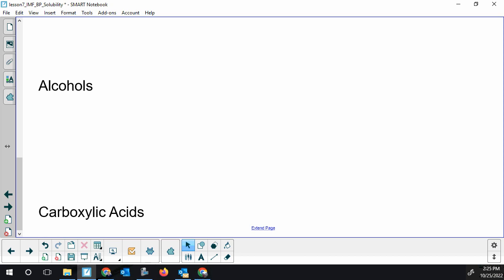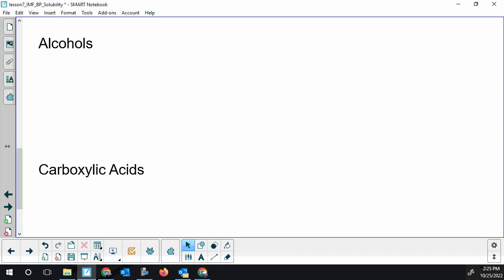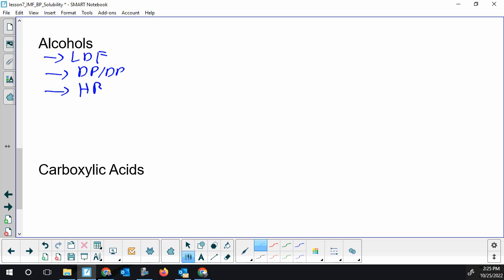And then last, I have carboxylic acids. Alcohols, these are kind of a nice family for Chem 30 because the alcohols are going to have all the forces. They're going to have LDF, they're going to have dipole-dipole forces, and they're going to H bond because alcohols have a hydroxyl group. So there's only one category. You see an alcohol, you know you've got all these forces.